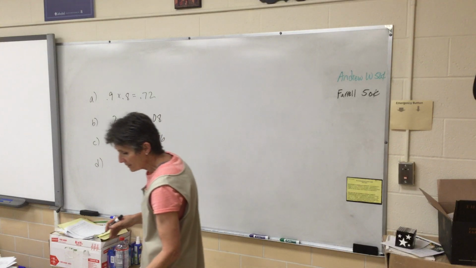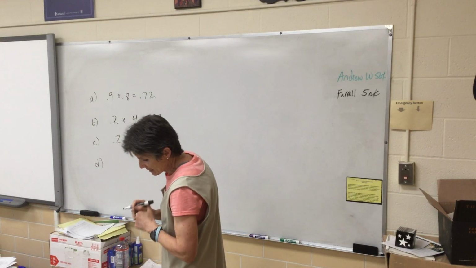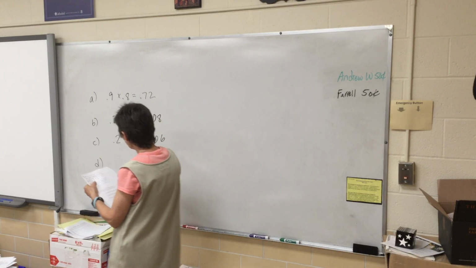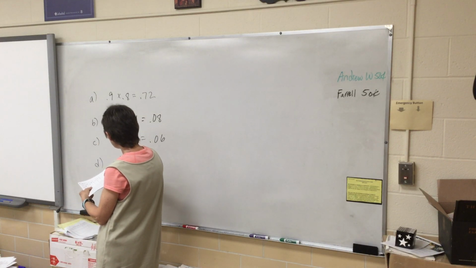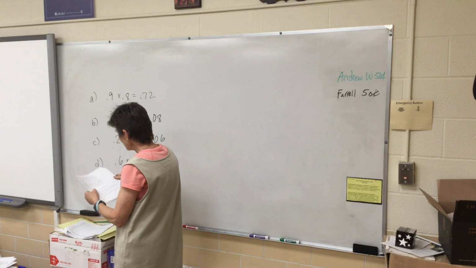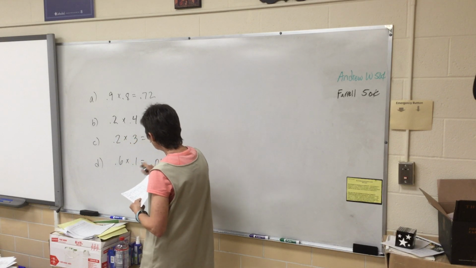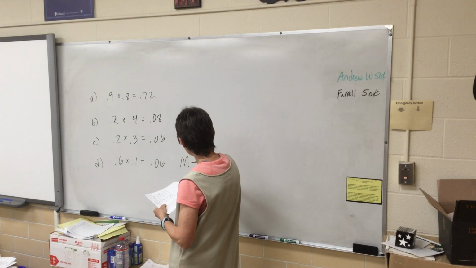Now the next one is the one that you have to really think about because it says one will like math and the other will like art. Well, in the first class, math is 0.6, and in the second class, art is 0.1. So that would be 0.06 going math and then art.